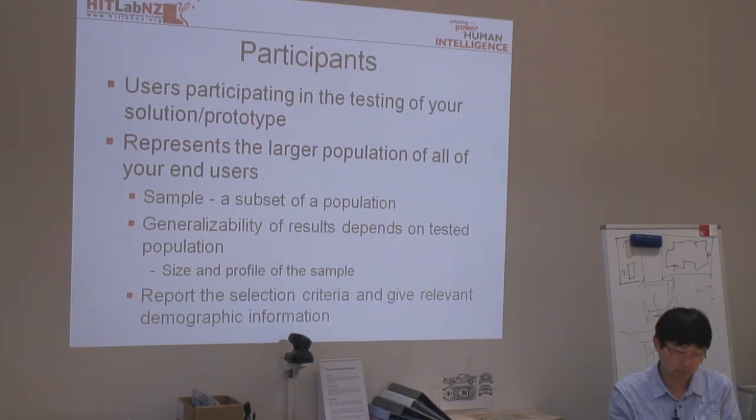These participants are the representative of the larger population, which is the whole of the end users you are expecting to use your end product or your user interface. So it's in some ways a sample of your whole end user, and in a statistical way we call them population.